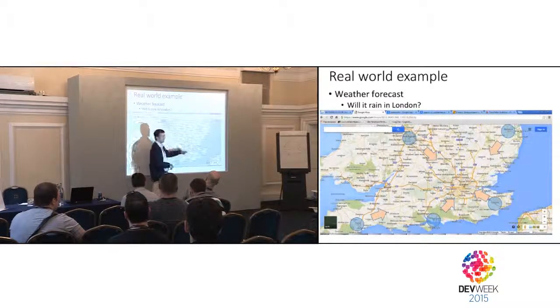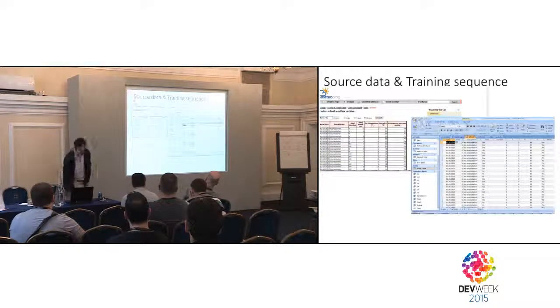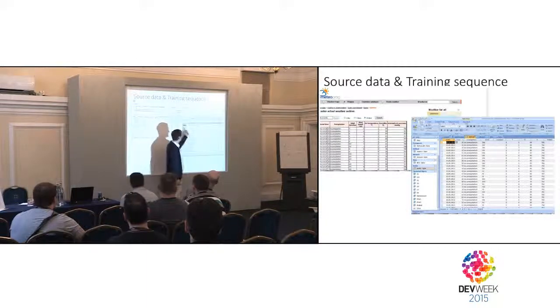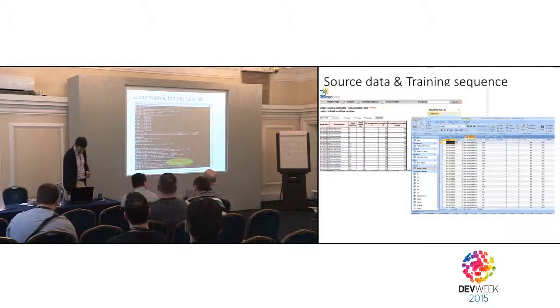We consider which factors may influence that decision, and we consider the history of weather in the nearby locations of London. To solve this, we go to the Meteo.org website. We collect the historical information about precipitation, temperature, pressure in these regions, and the corresponding fact whether there was or there was not rain in London.